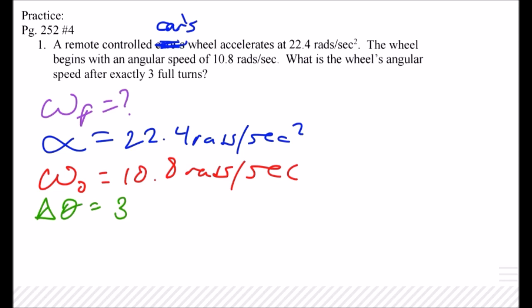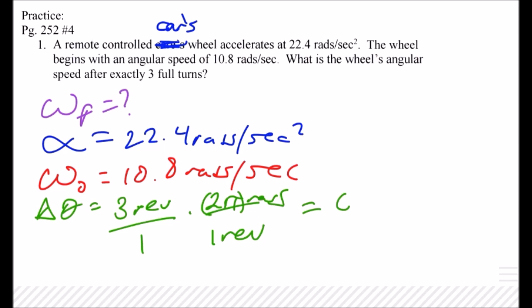Three what? Revolutions. Very good. Now remember, like we said, you can't use anything but radians when you're plugging in for theta. So instead of 3 revolutions, we need to say that 1 revolution equals how many radians? 2 pi radians. So that's going to give us 6 pi radians as our delta theta.